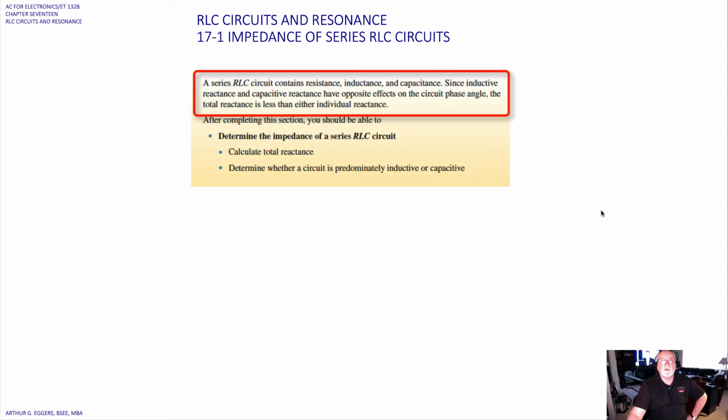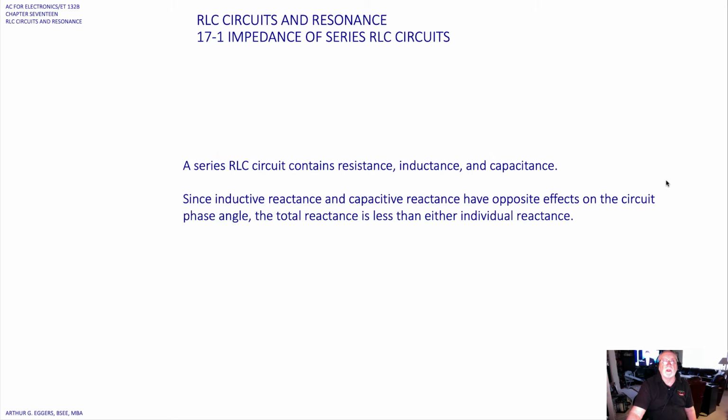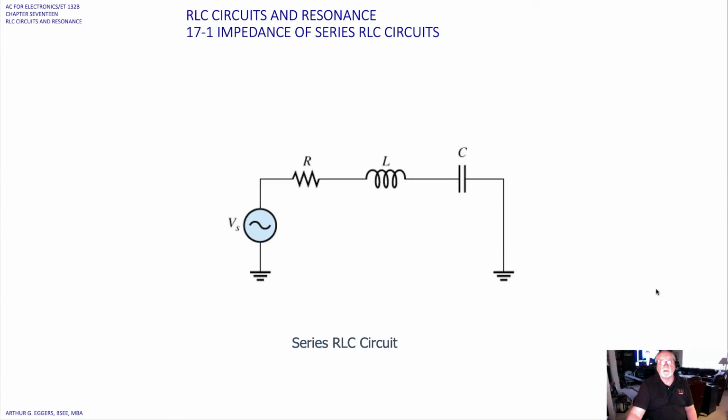Since the inductive reactance and capacitive reactance have opposite effects on the circuit phase angle, the total reactance is less than either individual reactance. So we will look at how these build as we move through these circuit types and parameters. So our simple series RLC circuit will look something like this.